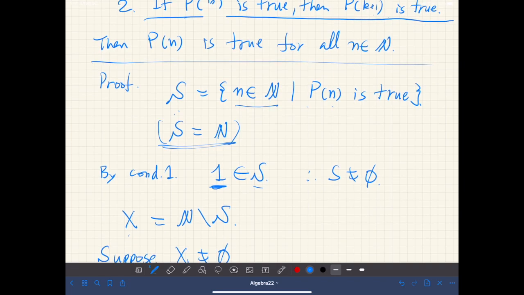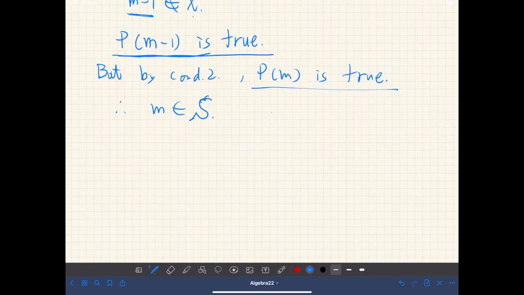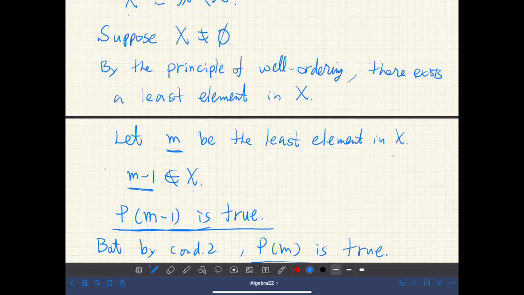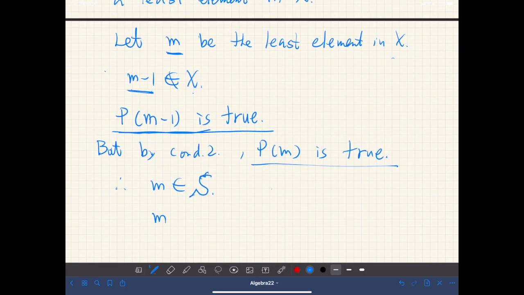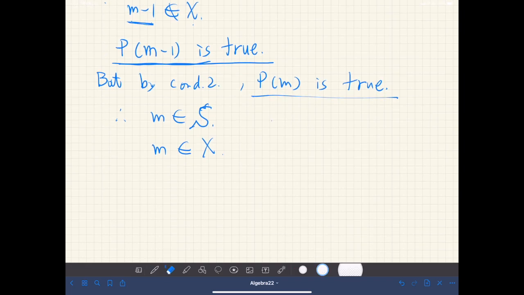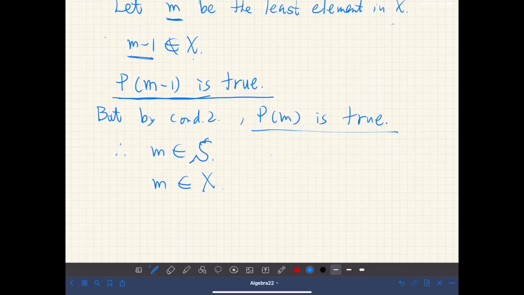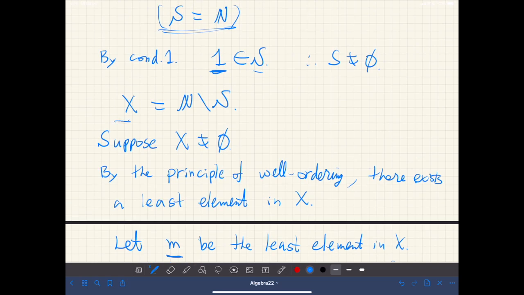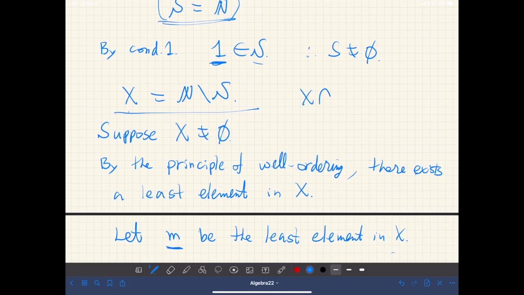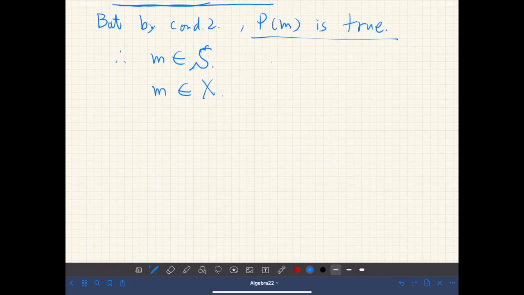So P of M is true, then M should belong to S. But by definition, M is an element of X. But X is defined as this. So X cap S is empty. So no element can belong to both S and X, which is a contradiction.